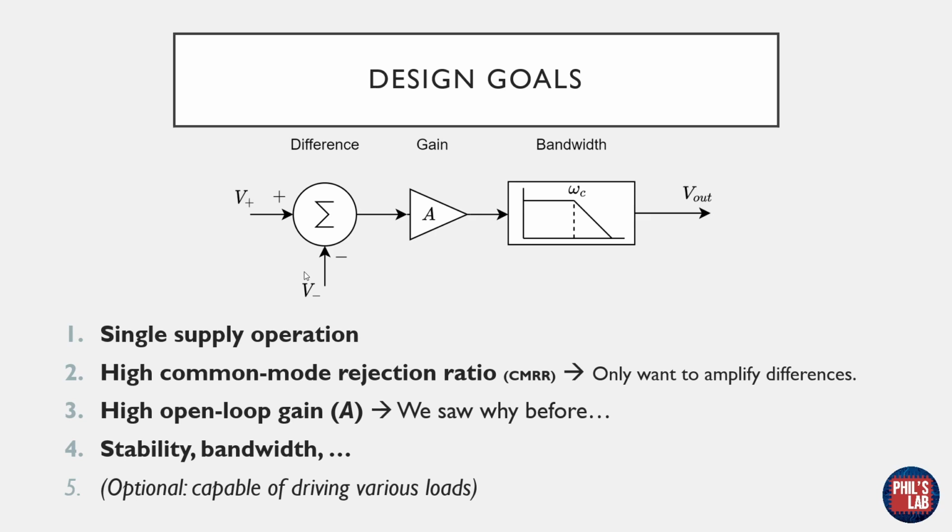So we only want to amplify differential mode inputs, not common mode inputs. We also want a very high open loop gain, and we saw why before. And of course, we need to take care that this amplifier is stable for various gain settings, and we have a fairly reasonable bandwidth, especially when we go over to closed loop. Optionally, we might want to be able to drive various loads: capacitive, light loads, heavy loads, and so on.